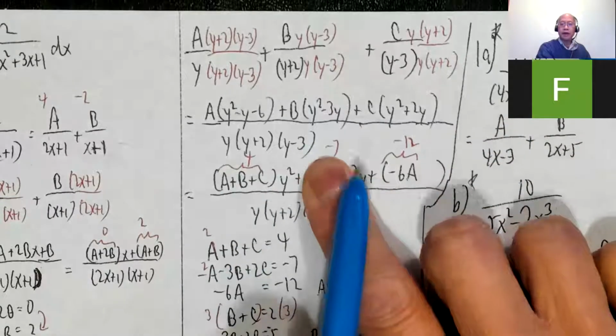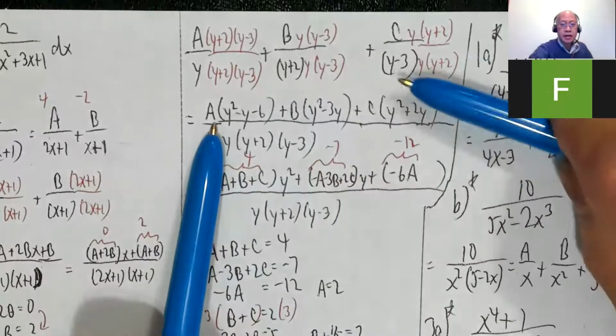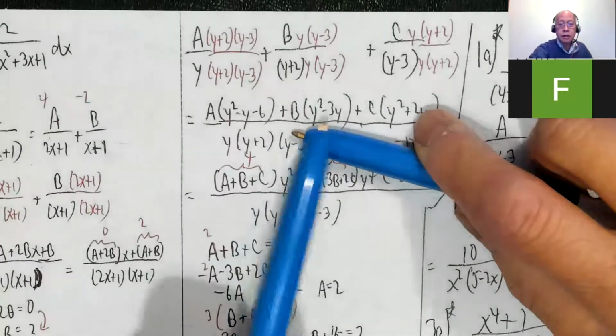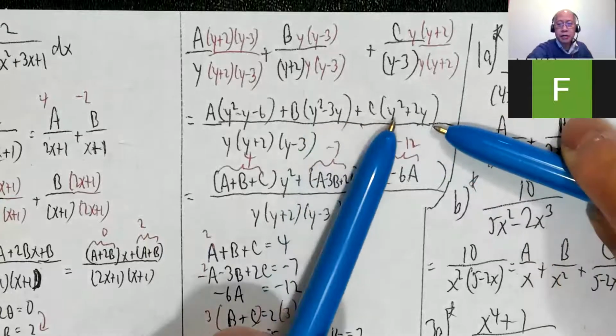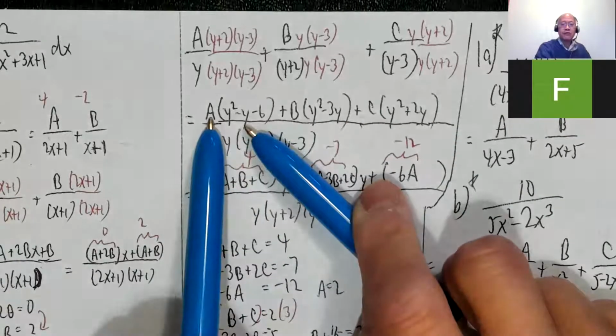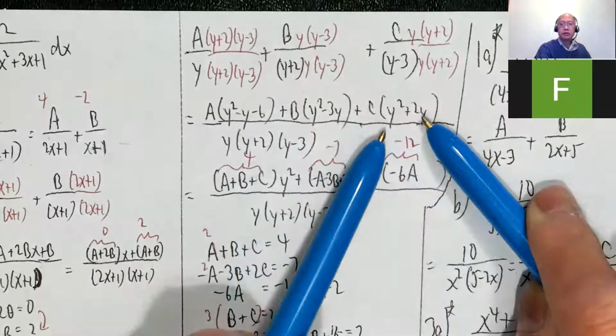Do the same thing for y. So y is going to be negative ay, right? Minus 3by plus 2cy. Okay, one more time. Negative ay minus 3by plus 2cy.